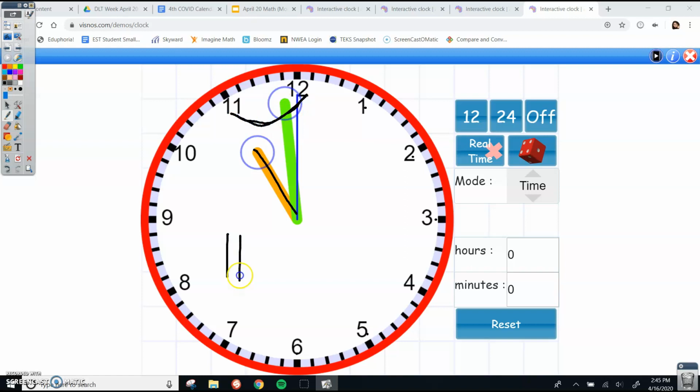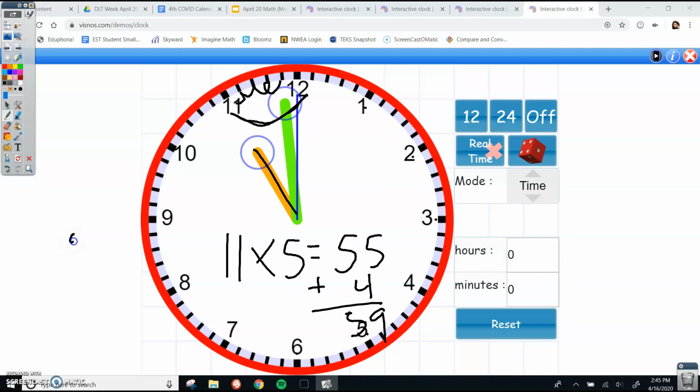So that means it's going to be 11 times 5, which is 55. But then you have 1, 2, 3, 4 more minutes. So that's actually going to be 59 minutes.